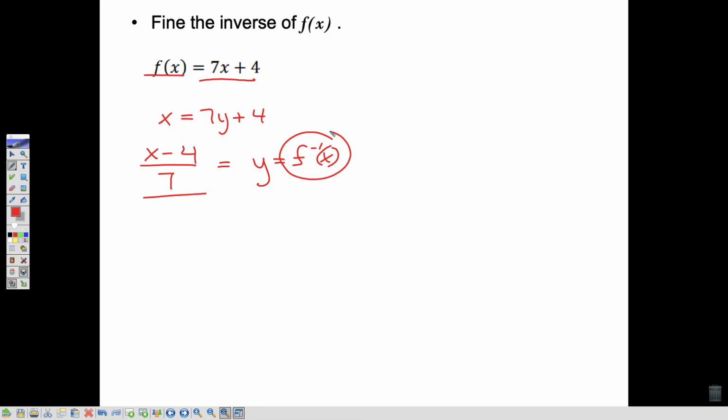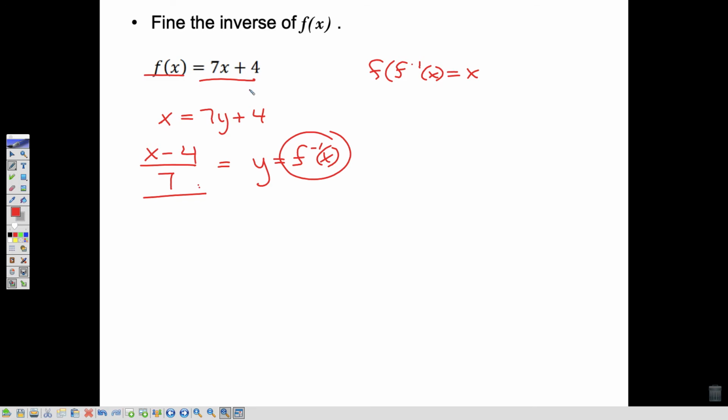So then what's my next step? Check. And how do I check? Fill them in. F of what? F inverse of x, and it better equal x. So I gotta plug this in to here, right?